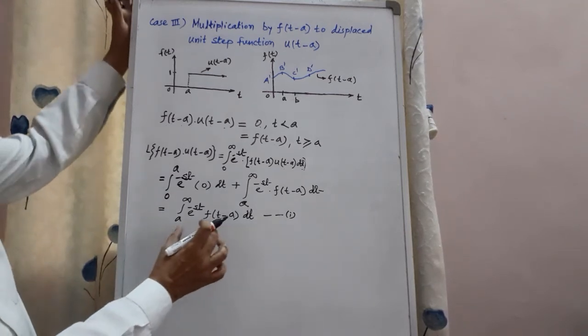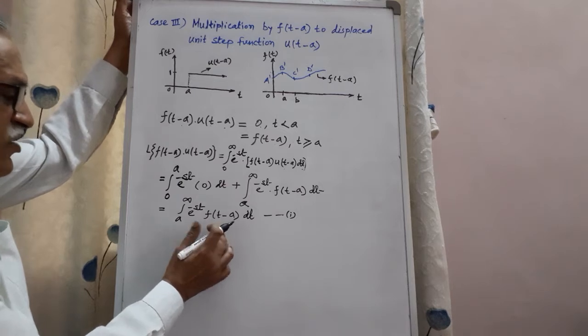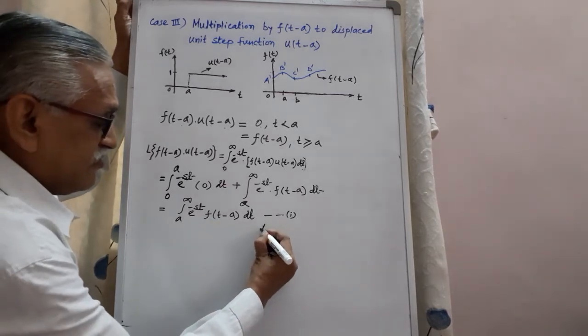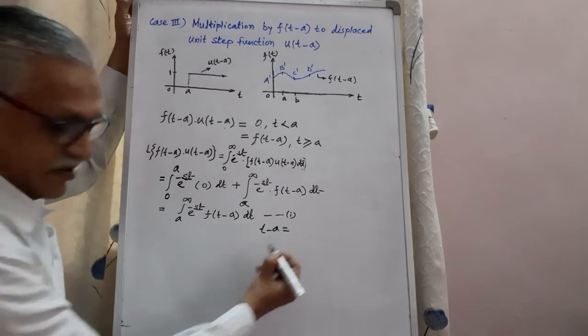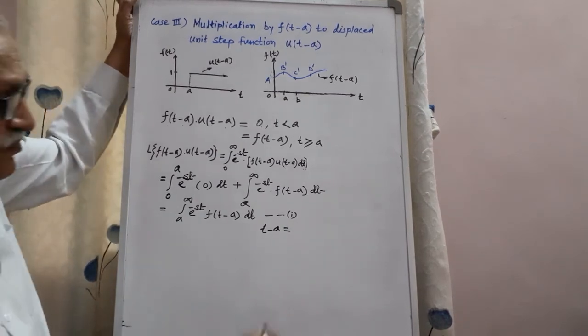To obtain the value, we put t minus a equal to x.